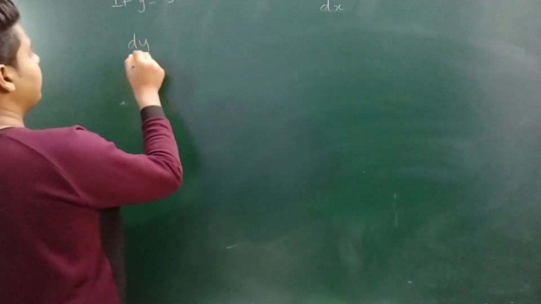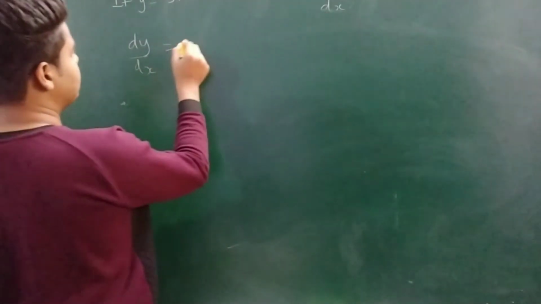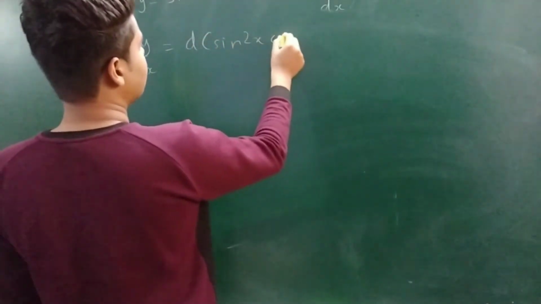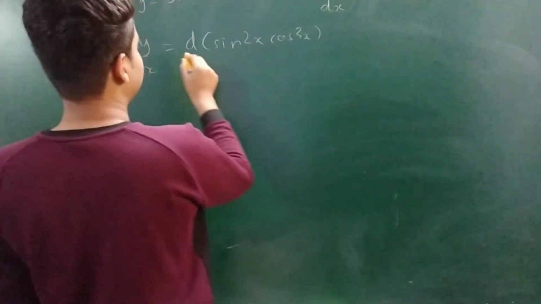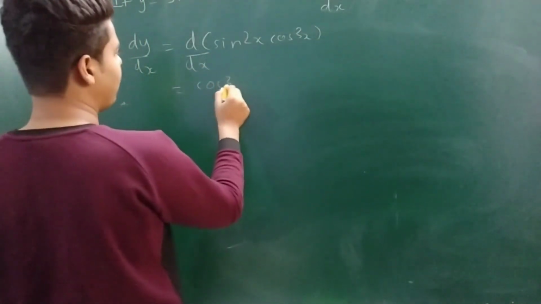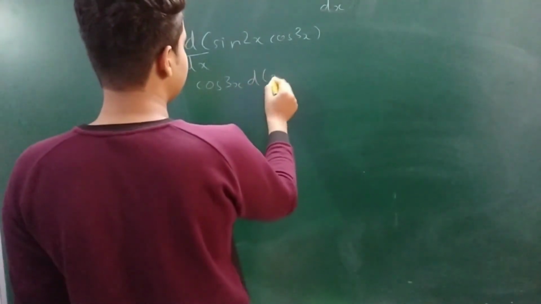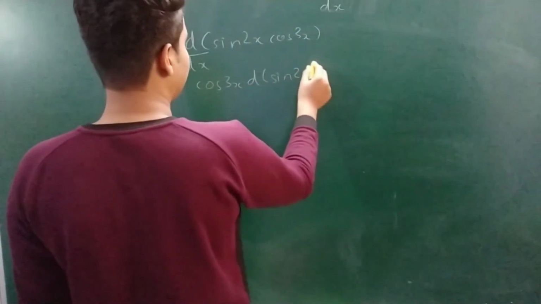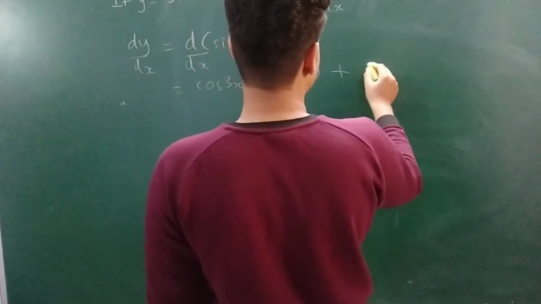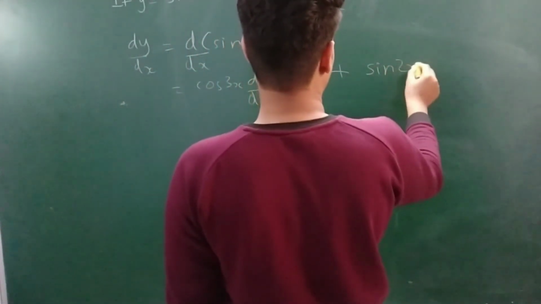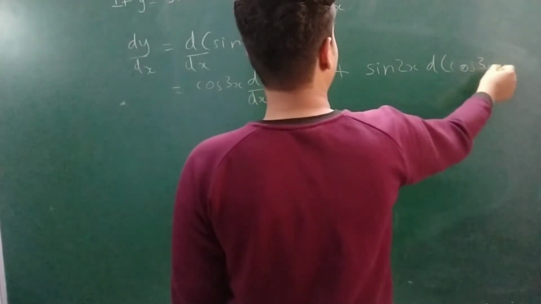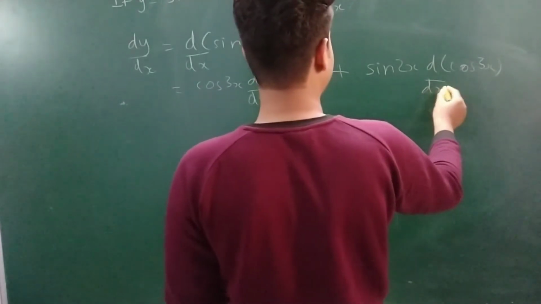So dy by dx equals d of (sine 2x cos 3x) upon dx. So it will be cos 3x will come out the same, d sine 2x by dx, and in addition it will be sine 2x will be the same and d cos 3x by dx.